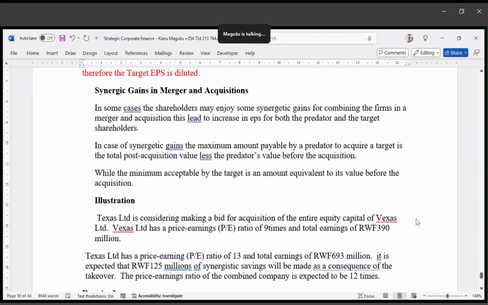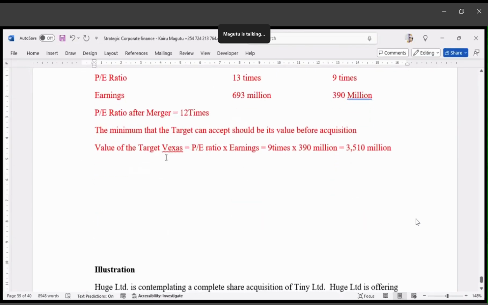Now let's look at this point. In case of synergetic gain, the maximum amount payable by a predator to acquire a target is the total post-acquisition value, the total after-acquisition value, less the predator value before the acquisition. That is the maximum that this entity can pay.